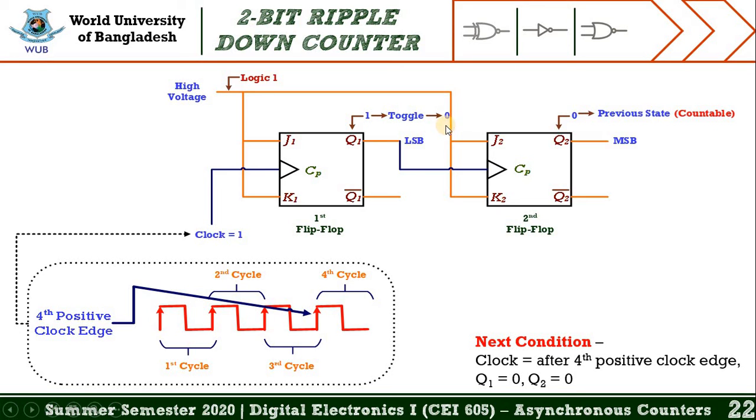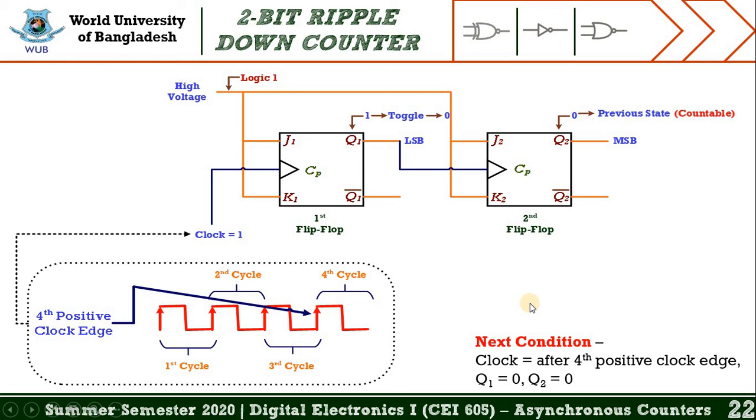That's why in this state the value should be toggled, so 1 to 0. And since the value of Q1 is 0, the second flip-flop is not activated or triggered, and we can assume that the previous value of the output of the second flip-flop remains the same for this state. So let's move into the next slide to explore the truth table of the 2-bit ripple down counter.